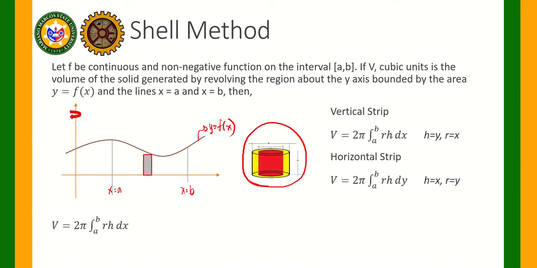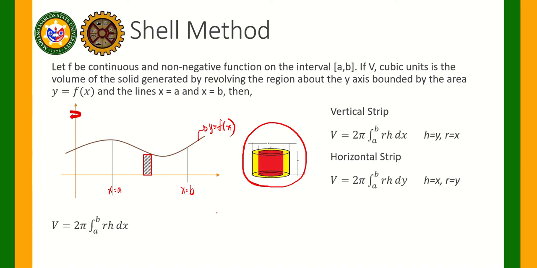Okay? So, yung h natin dito is y, which means that is si y upper and y lower. So, depende na lang kung ano yung gagawin natin sa mga functions. And for a horizontal strip naman, we have the same formula, however, dy siya. So, in terms of y, then yung h natin will be equal to x and yung r natin is equal to y.